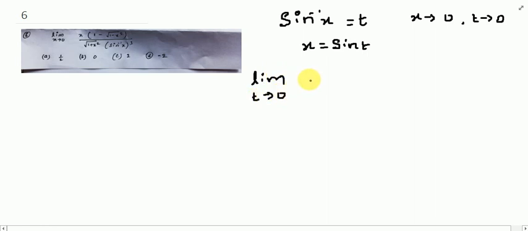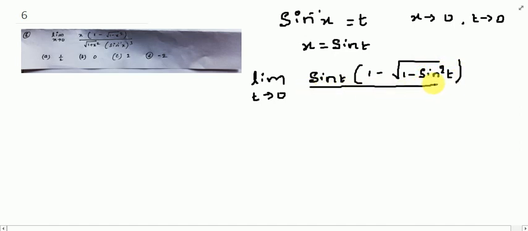In place of x I need to write sine t into (1 minus square root of 1 minus sine square t) divided by square root of 1 plus sine square t into, since sine inverse of x is t, t cube.